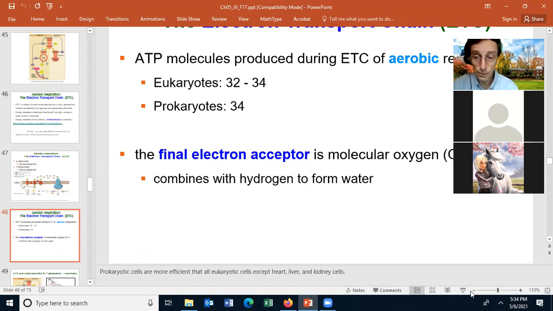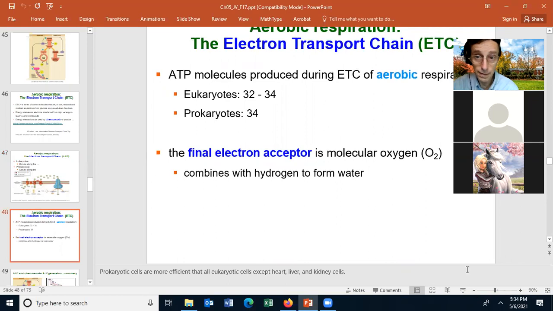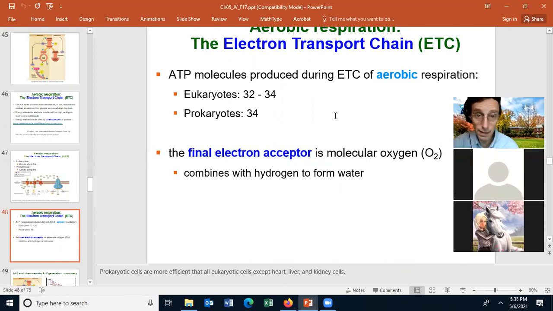So in aerobic respiration, the electron transport chain kicks ATP production into high gear. In eukaryotes, you generate 32 to 34 ATP for the electron transport chain. And it really depends on what cell it is.